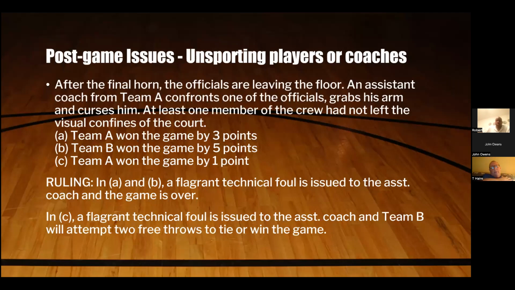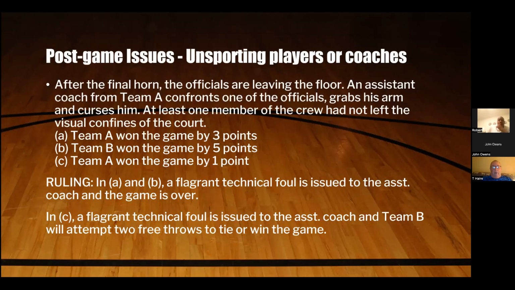So in the ruling, where Team A won by 3 and Team B won by 5, if we shoot the technical fouls, it's not going to make any difference in the final score of the game, right? Because Team A is up by 3 and Team B is up by 5 in scenarios A and B. So shooting the free throws is not going to change the outcome of the game.